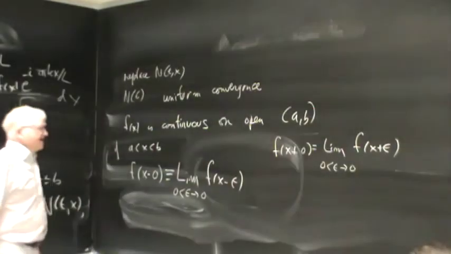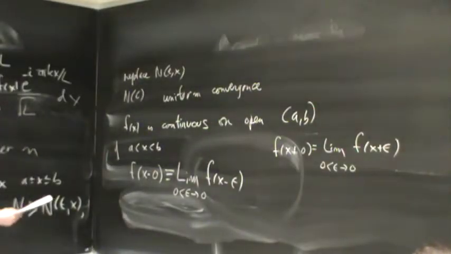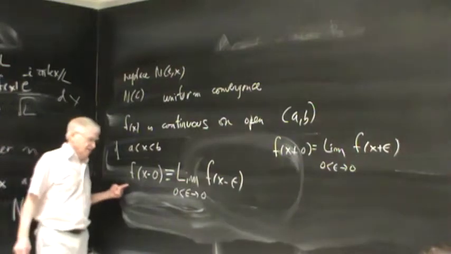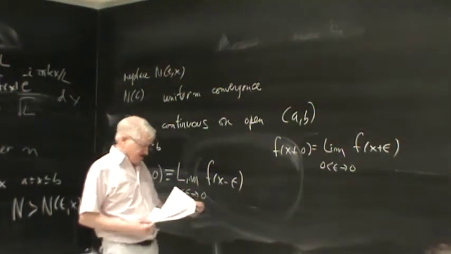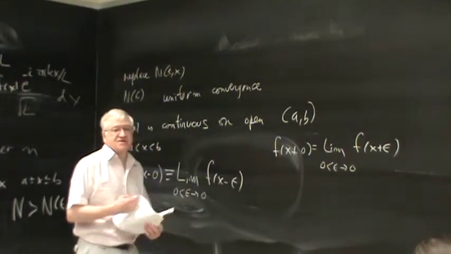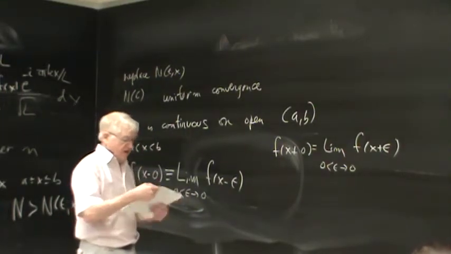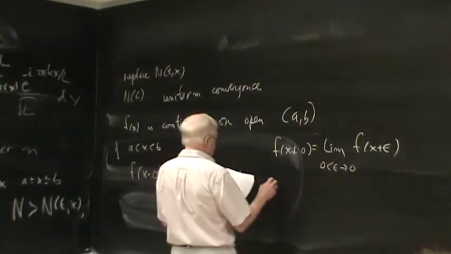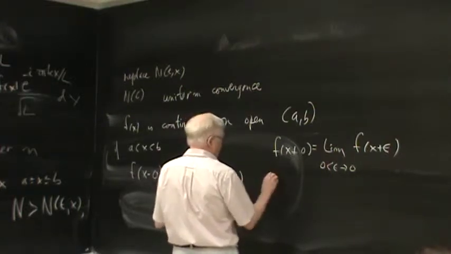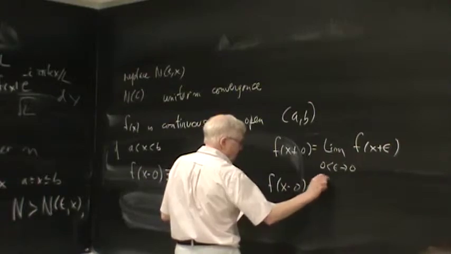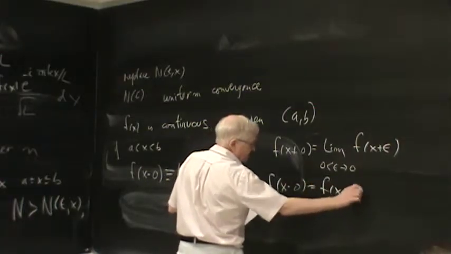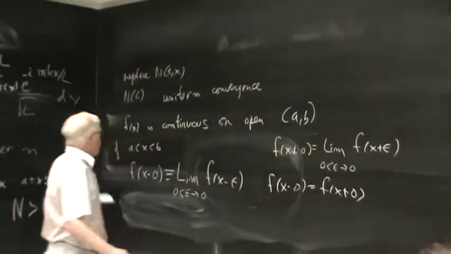So those are the two definitions. For every point x, we can take the limit from below and the limit from above. The function is continuous if these two limits are the same. So it's continuous if f of x minus 0 equals f of x plus 0 for all x in the interval.